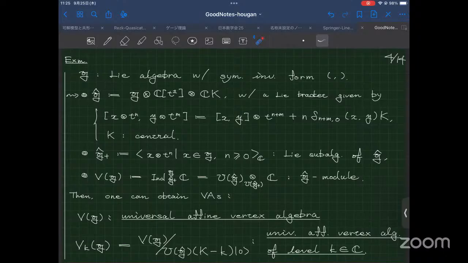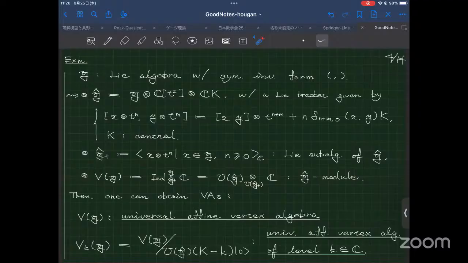Let g be a Lie algebra with a symmetric invariant bilinear form. Then we can consider its affinization. It is an infinite dimensional Lie algebra, and it has a Lie subalgebra. Then we can consider the induced ĝ-module, which we denote by Vg.